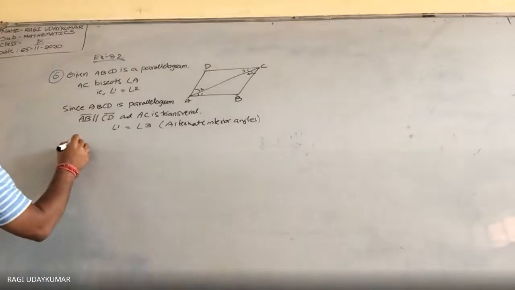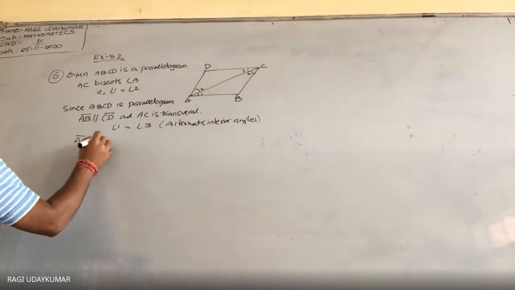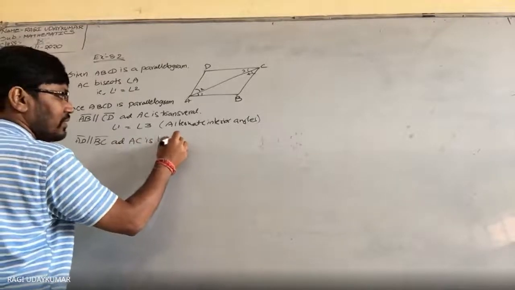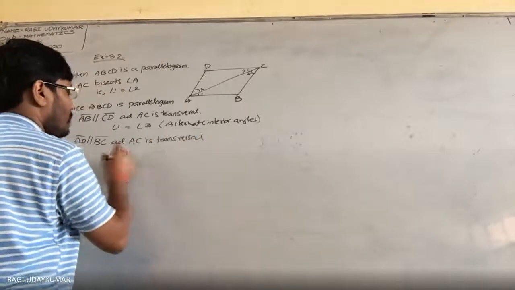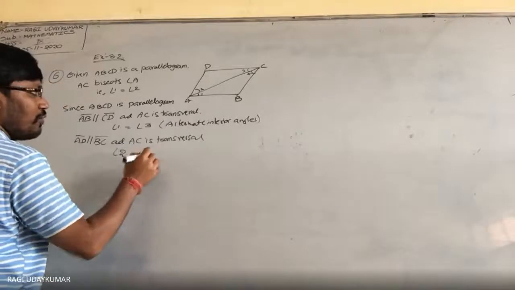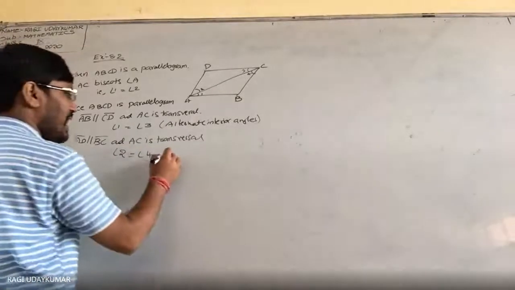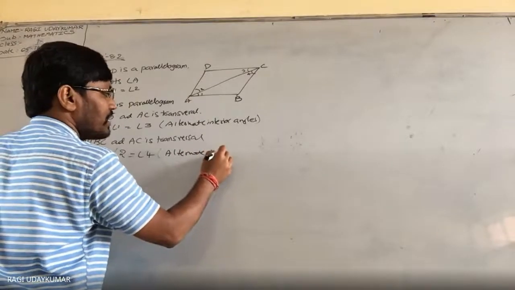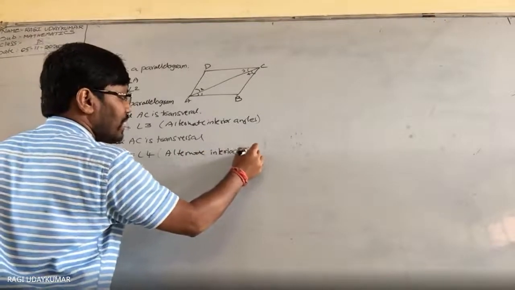Similarly, AD is parallel to BC and AC is transversal. So angle 2 is equal to angle 4. These two are also alternate interior angles.